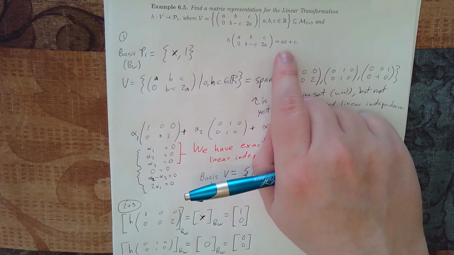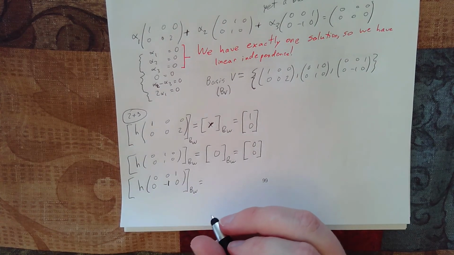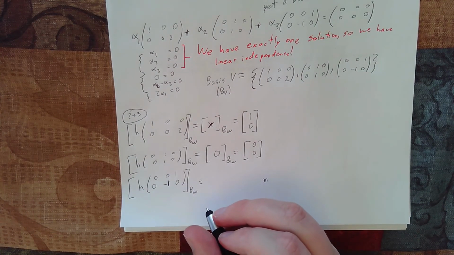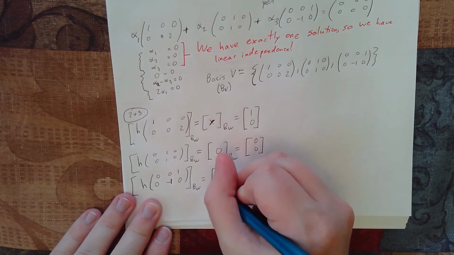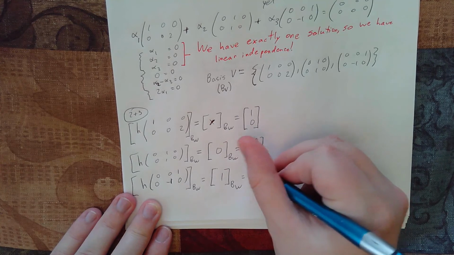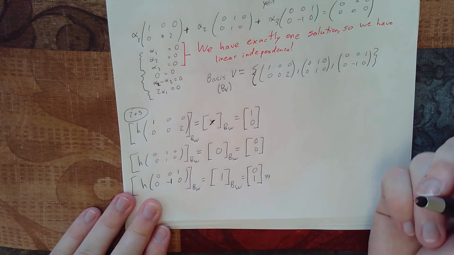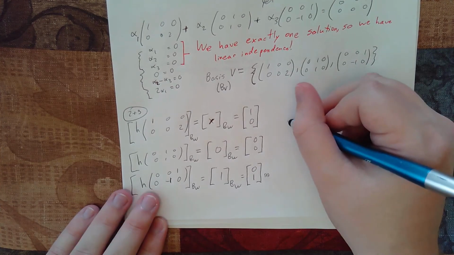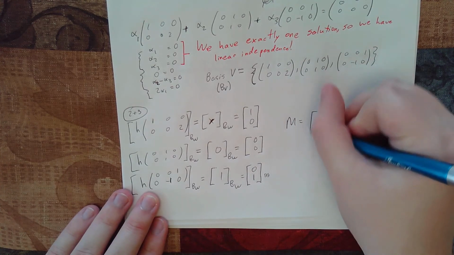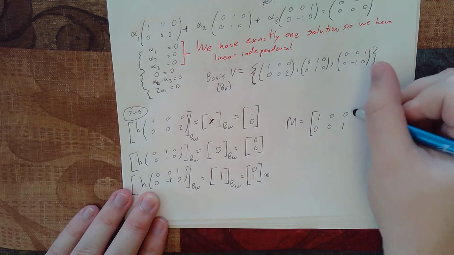So it'll be 0x plus 1, or just 1. So then we need to determine how we can write this 1 in terms of our basis for our codomain, and that's just going to be 0x plus 1. So then our matrix at the end of all of this is just going to be 1, 0, 0, 0, 0, 1.